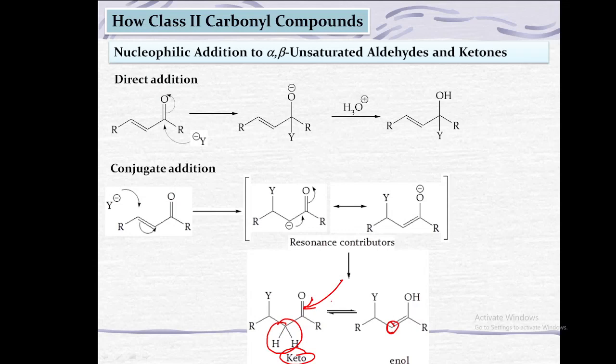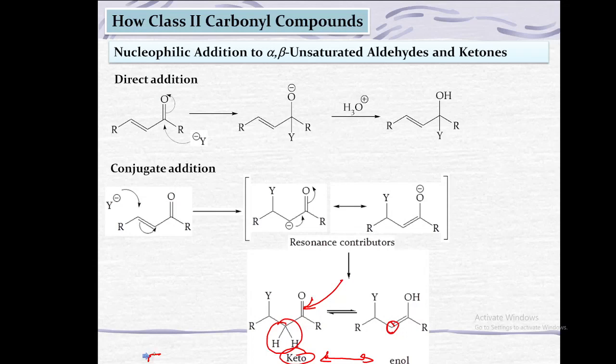That's a keto form, and if you look at that compound structure, it is a ketone. So we talk about enol-keto. Now we will talk in future lectures, maybe in higher levels, more about that. But for now, we will leave you with that. Okay. So that is conjugate addition.